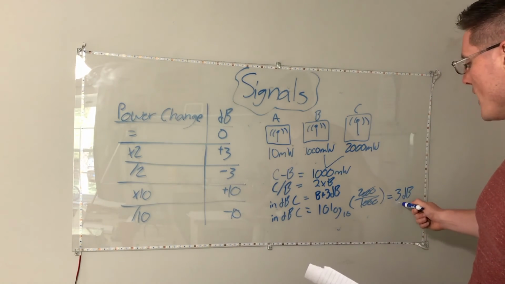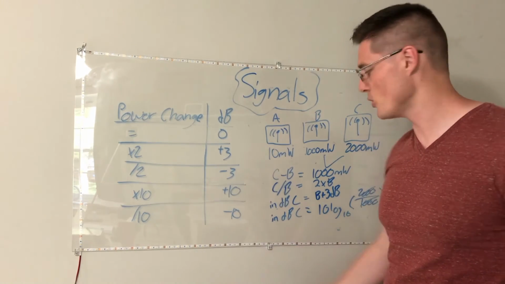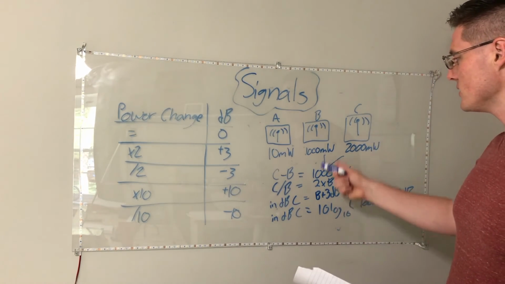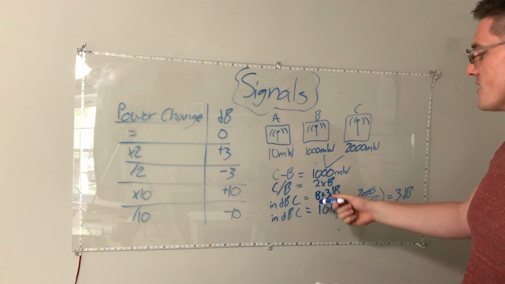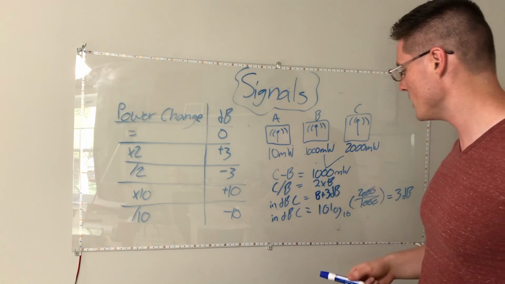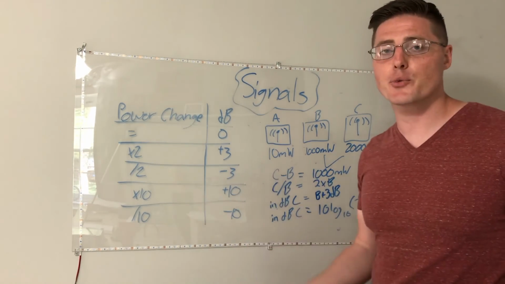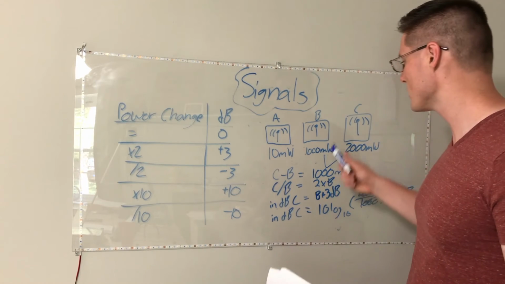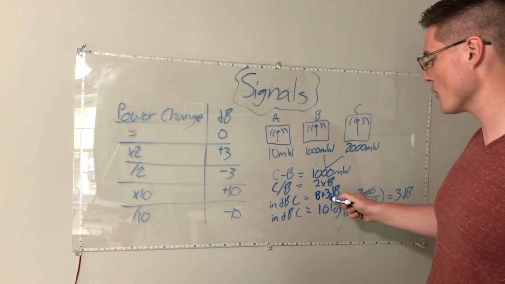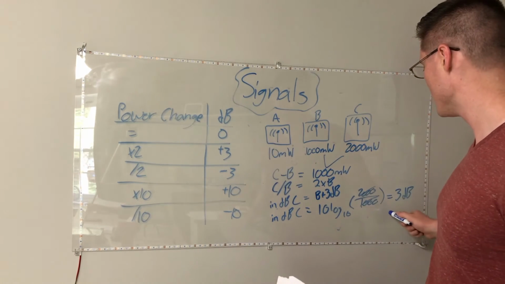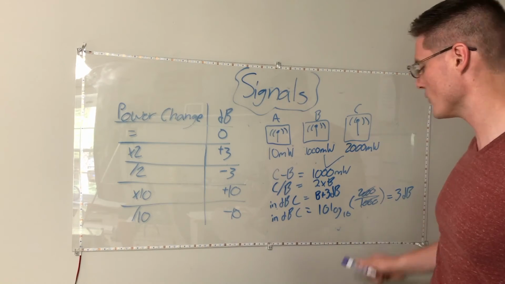So essentially we found, using the formula and the simple rules of power changes for decibel values, that antenna C compared to antenna B is just going to be twice the amount in milliwatts, but it's also going to be, you add 3 decibels for antenna C. We found that using both the simple power rule changes, and we found that using the formula.